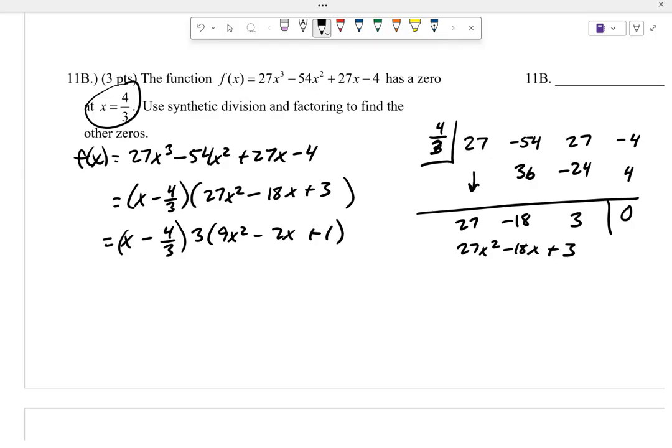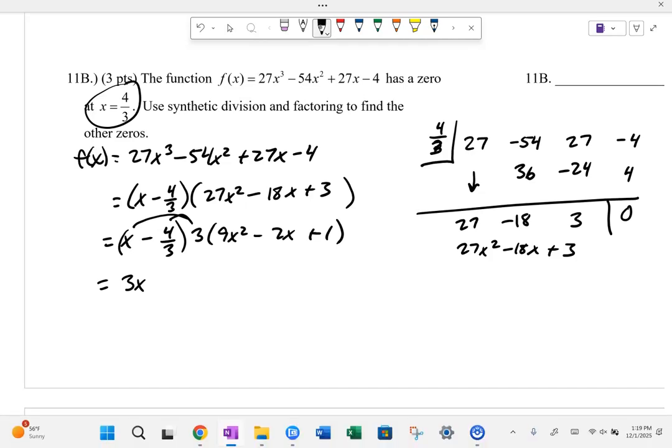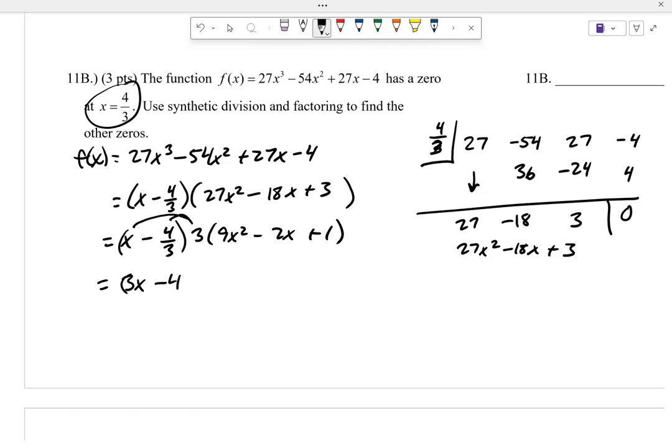And in fact, I'm going to multiply that through because that'll give me integers as my coefficient of x and as my constant term. 3 times negative 4/3 is just a minus 4. So I got 3x minus 4 times 9x squared minus 2x plus 1. And again, notice that still gives us the 4/3 as our 0. That's why I did that. It just is a little cleaner look there.